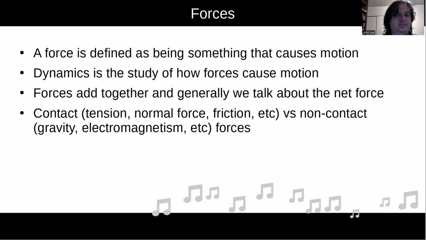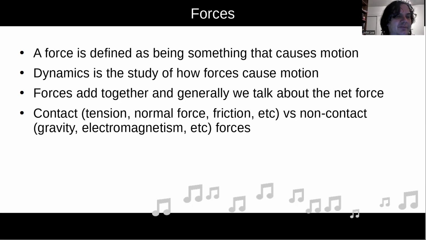There are a number of different forces, and they can generally be broken down into contact and non-contact forces. Contact forces are forces like tension, normal force, and friction. We'll get more into what those are in the future. Tension is just how hard a string or cord is pulling on something.